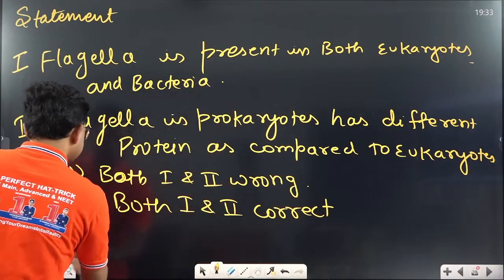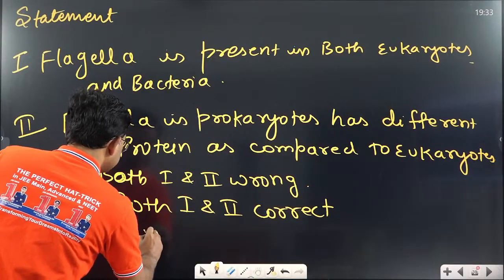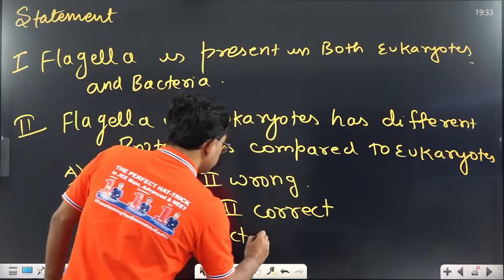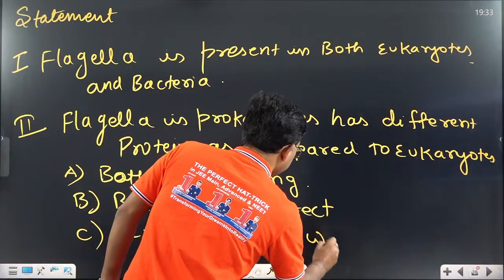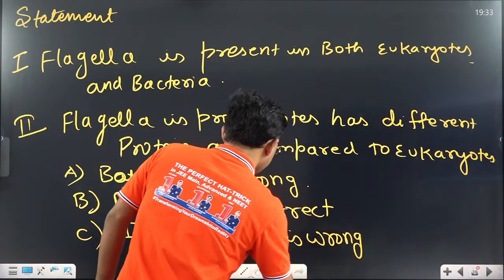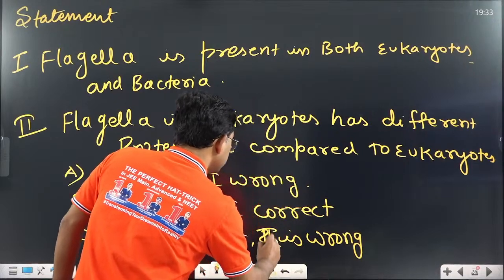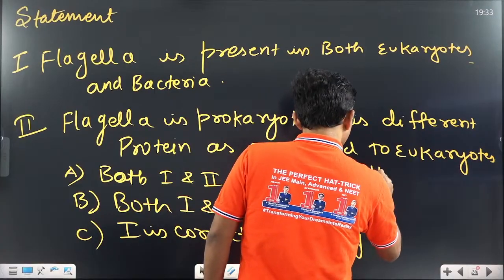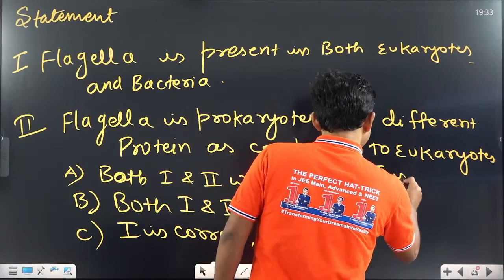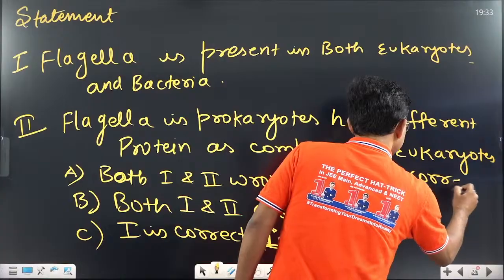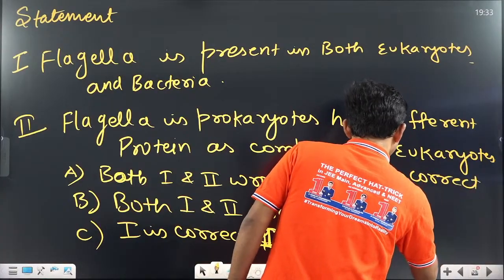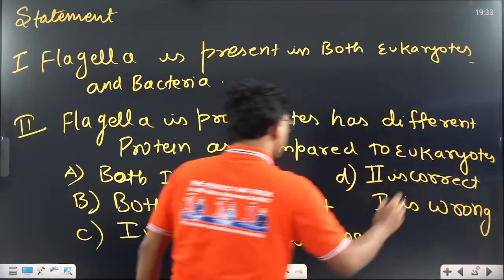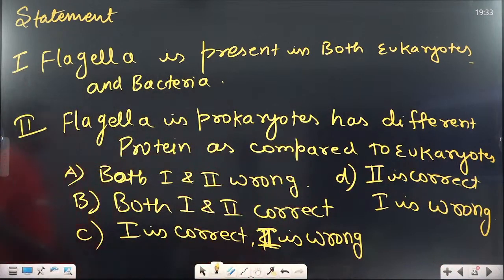Option number C says that 1 is correct, 2 is wrong. And the fourth, D, 2 is correct and 1 is wrong. Tell me what is the correct answer here. Which option will you go for?